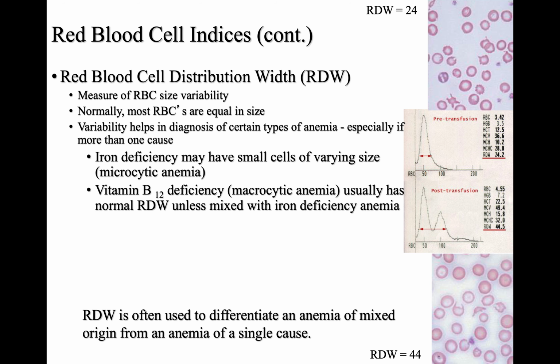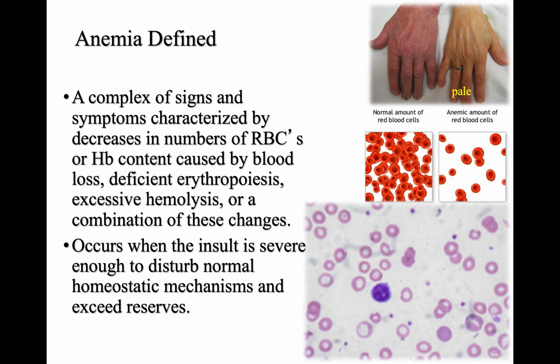So they lack this intrinsic factor, and it leads to a B12 deficiency, or vitamin B12 anemia. And then again, it's a complex after reviewing some of that. Some of it was new with iron deficiency, and then the red blood cell indices and what they're indicative of. But what I want to tell you is anemia defined.